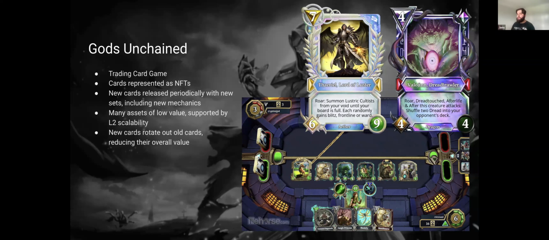So changes that come with a new set could ultimately make a previous set, maybe from years ago, valuable because it's now able to deal or be more effective within the game's design as it stands at that point in time. So whilst we do say that assets will lose value over time, that can change on an asset-to-asset basis a lot of the time, which I think makes Gods Unchained one of the more interesting examples in the Web3 space, and certainly has been one of the more successful games in the space as well.